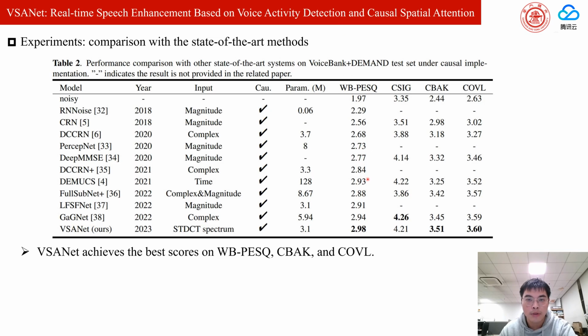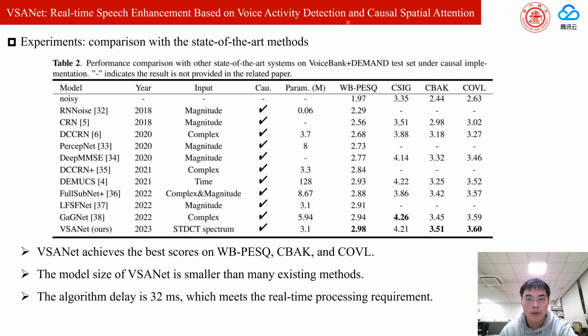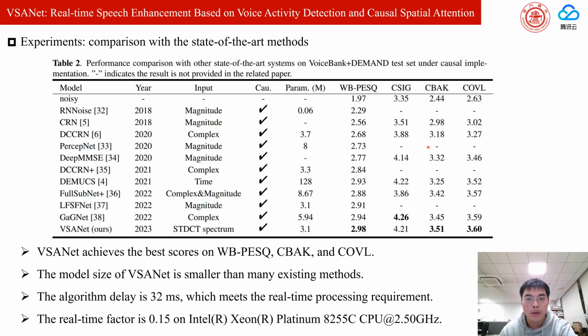Although the composite signal score of our VSANet is slightly lower than that of DMARC and GHNet, it is essential to note that the model size of our VSANet is obviously smaller than many existing methods. In addition, since our VSANet is causal, the algorithm delay is 32 milliseconds. Meeting the real-time processing requirements, we have also deployed our VSANet on CPU, and the real-time factor is 0.15.